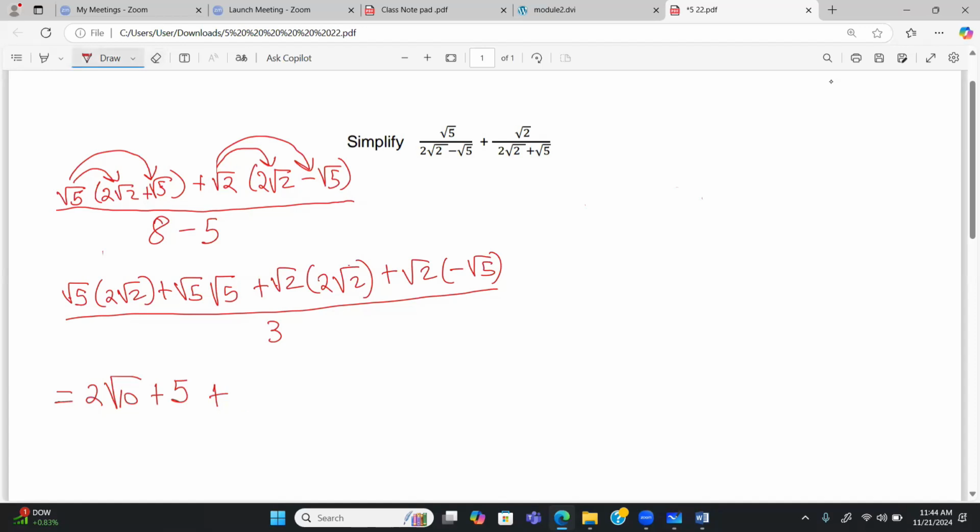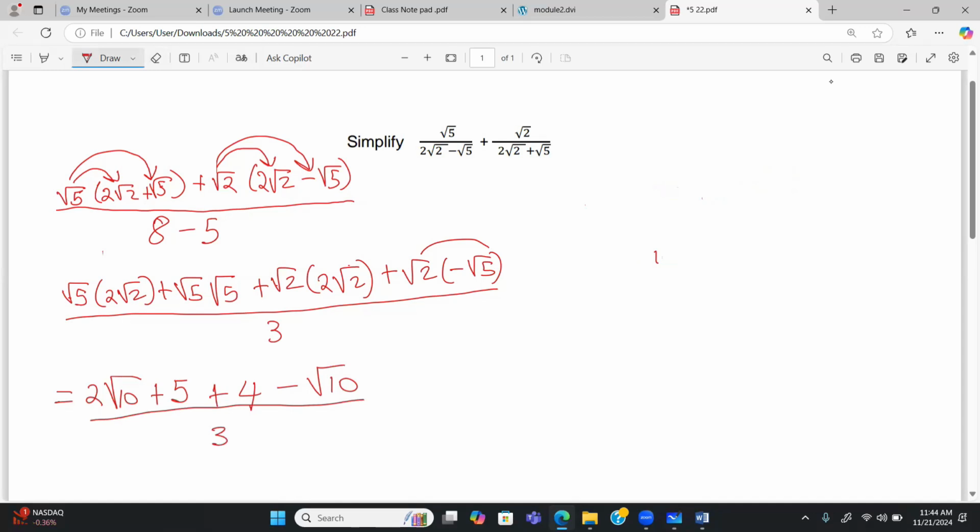This part actually will become negative the square root of 10. The same idea: the root of 2 times the negative root of 5 is going to give me the negative root of 10. So I'm going to have minus square root of 10. And all of this is over 3.